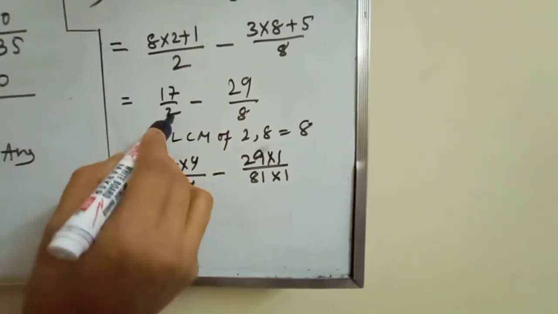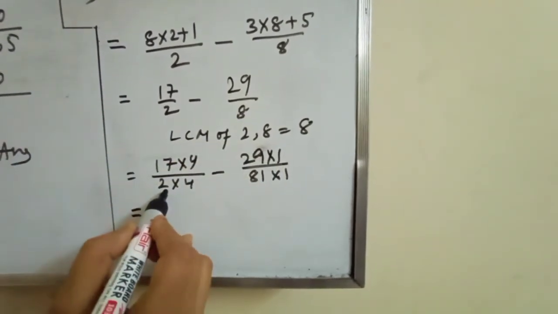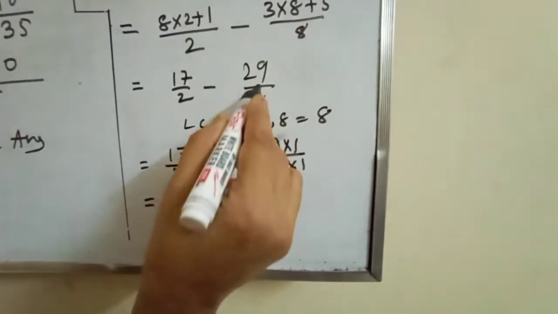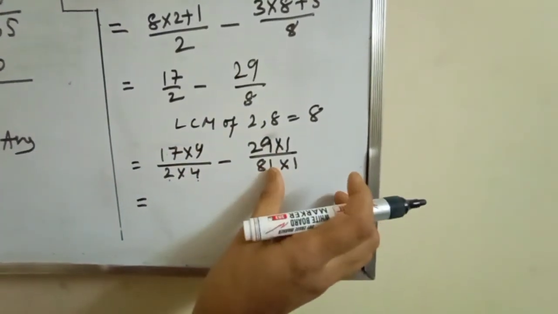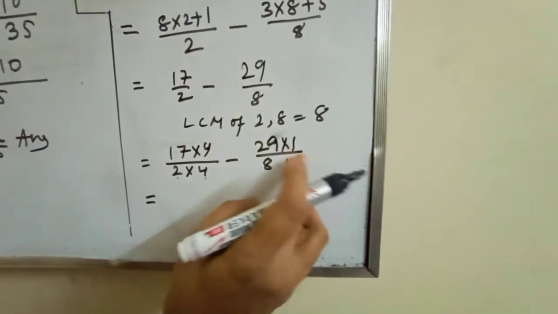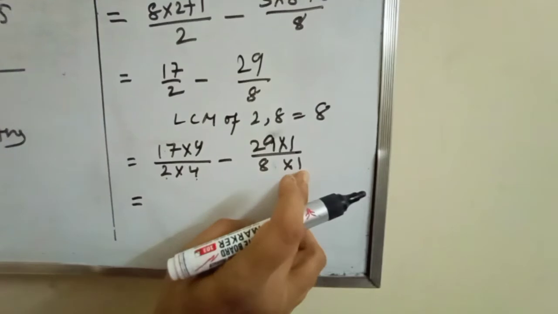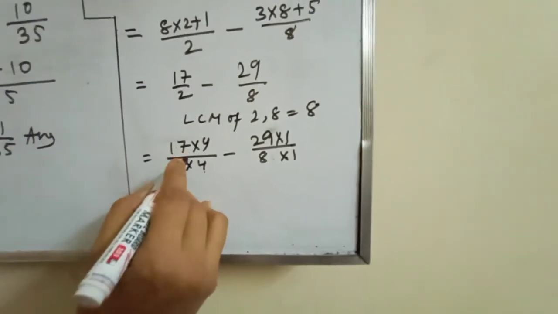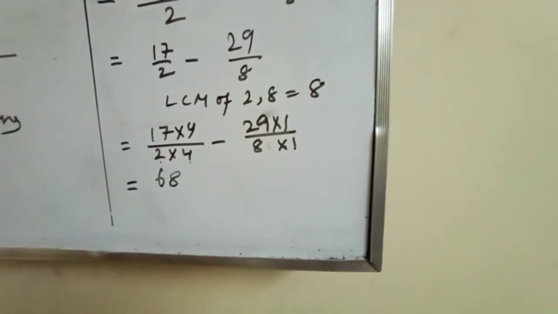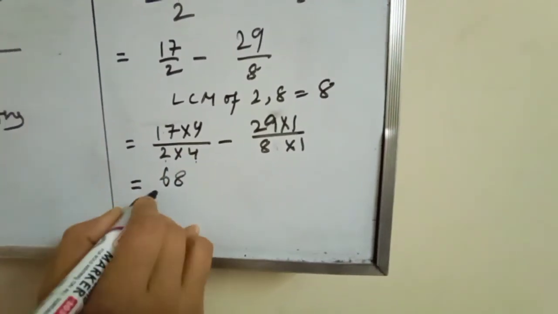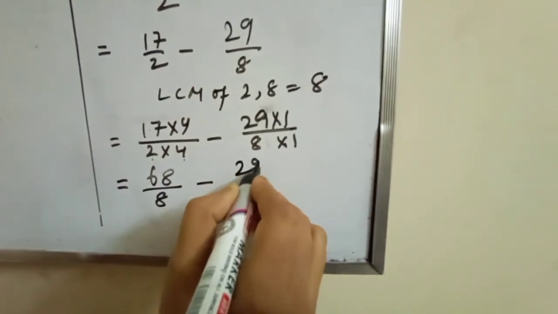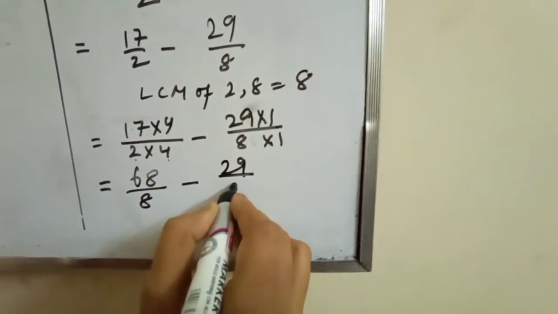Now you want to make the denominator 8. So it was 17 by 2, you multiply it by 4, and it was 29 by 8, which is already 8 in the denominator, so 8 into 1. In this way, 17 into 4, 68 by 8, minus 29 by 8.